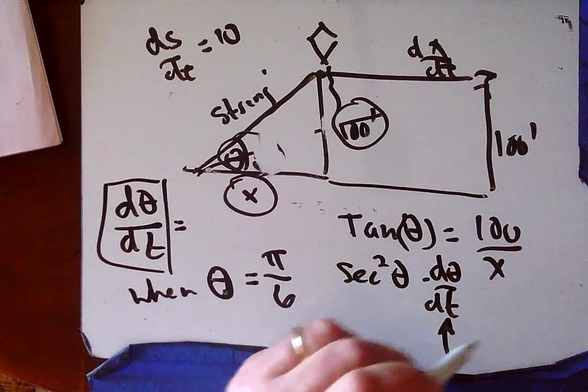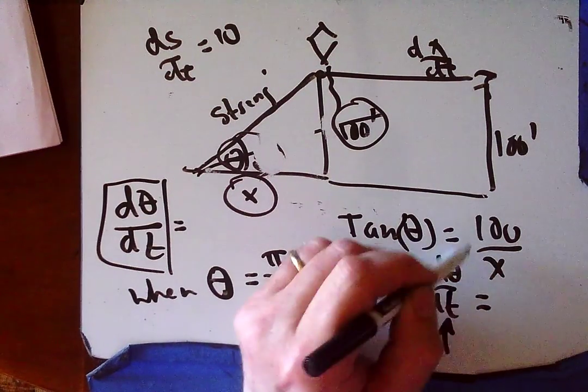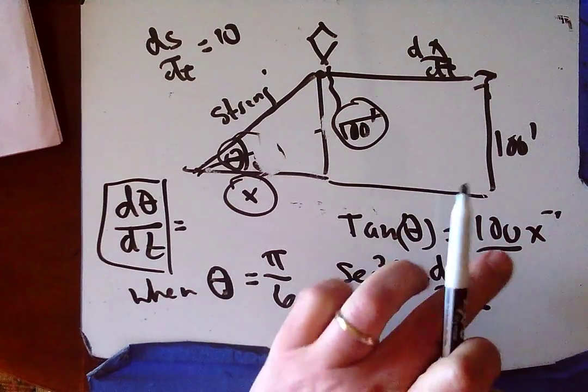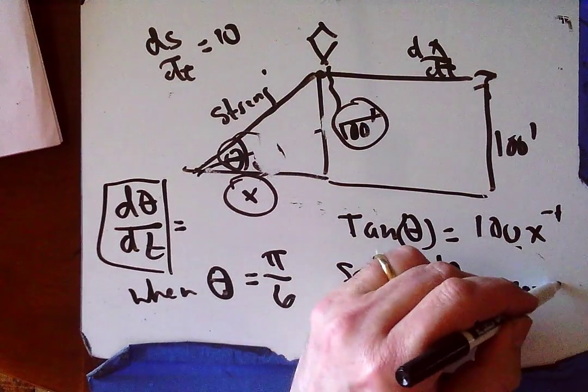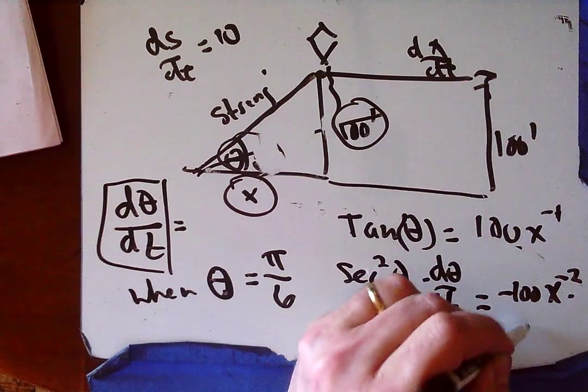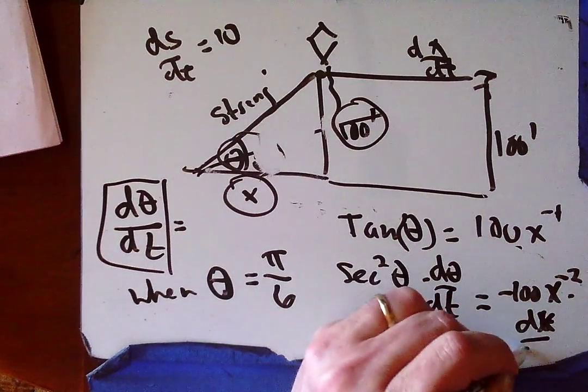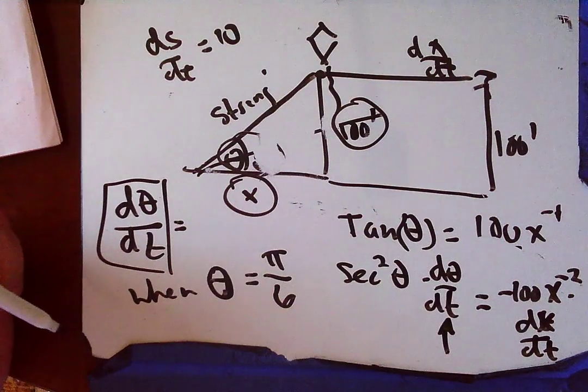That's what we're looking for. Equals, and now the derivative of this, you might want to write it like that, so you have negative 100 x to the minus 2. Don't forget dx/dt. You have to take the derivative of that inside function with respect to time.